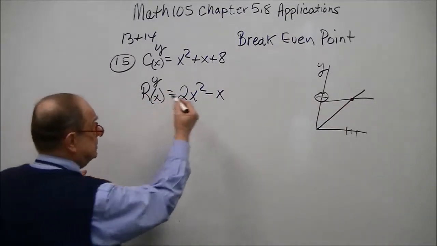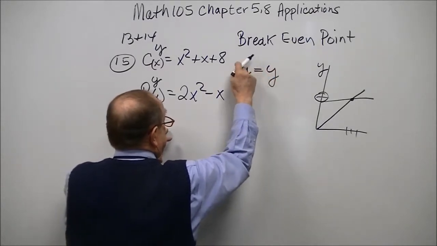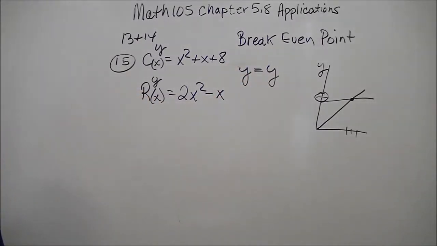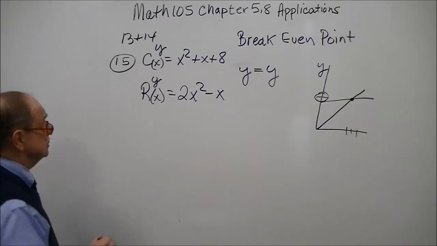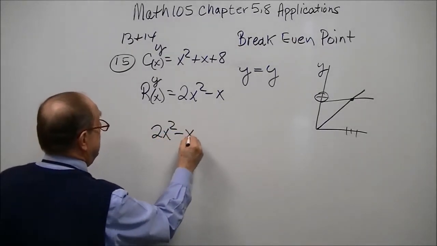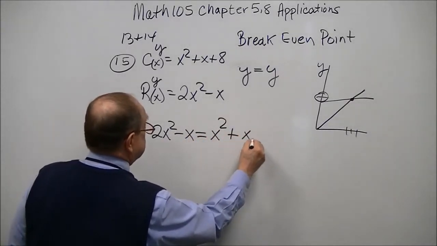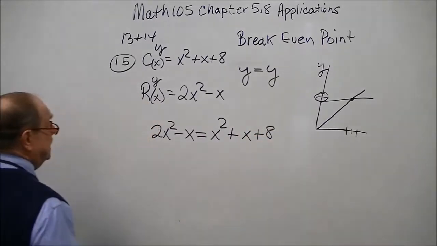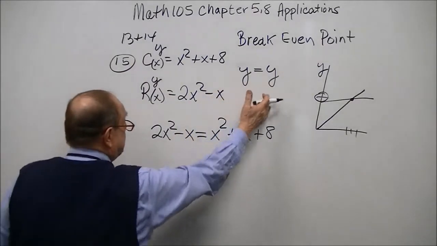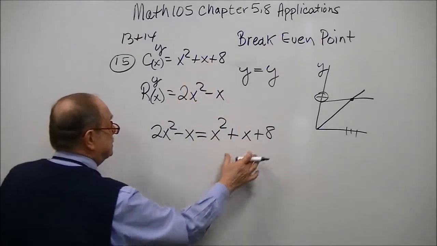Can you see that we're having, in a sense, y equals y? And that's the strategy we're going to use. We're going to say 2x squared minus x equals x squared plus x plus 8. So we're saying this y equals this y. That's what we're saying. Y equals y. So this equals that.